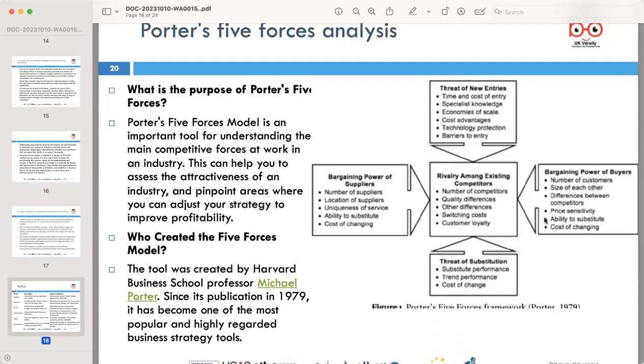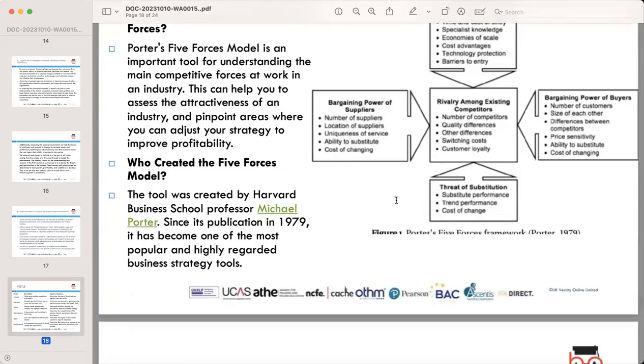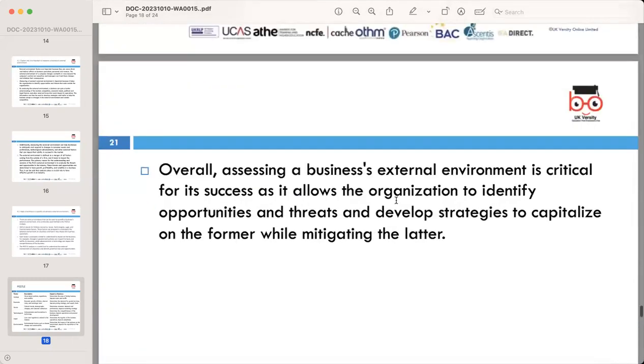This model is instrumental in assessing the attractiveness of an industry, enabling businesses to pinpoint areas where they can adjust their strategies to enhance profitability. Obviously, the five forces model was conceived by Harvard Business School Professor Michael Porter.